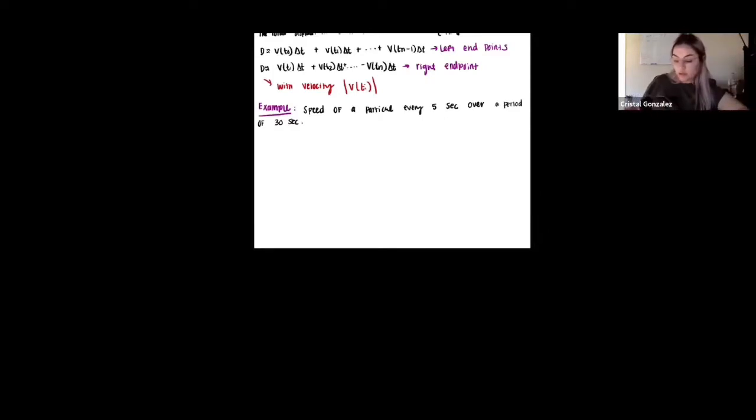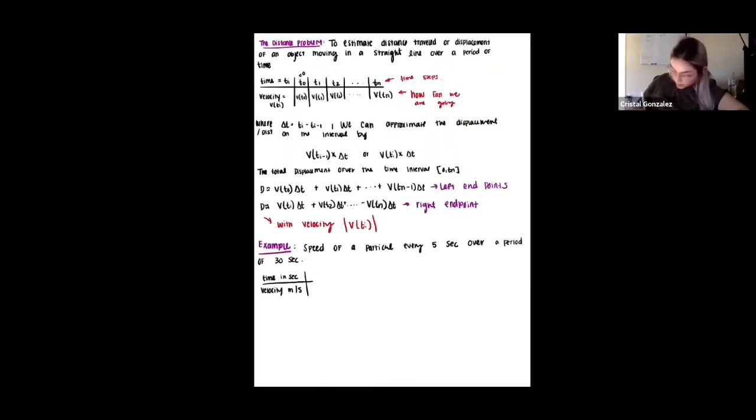And so if you're given the speed, most likely you'll be given the problem in the form of a table. So the time in seconds is going to be here. And then here I'm going to do velocity in meters per second. And this is going to be our v of ti. Let me draw a straight line.